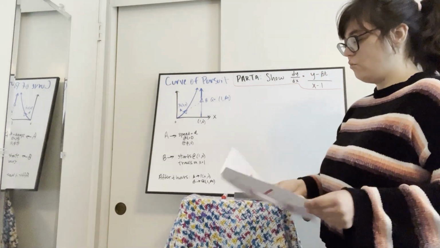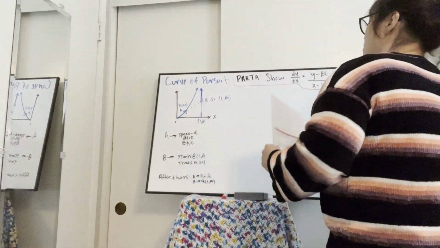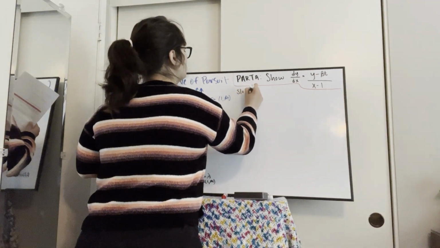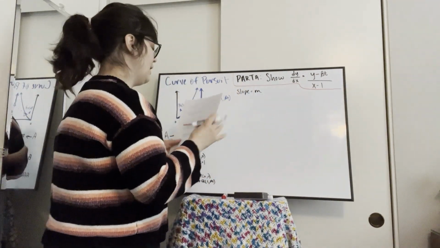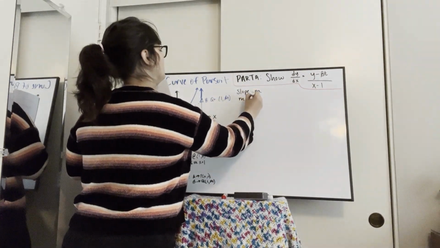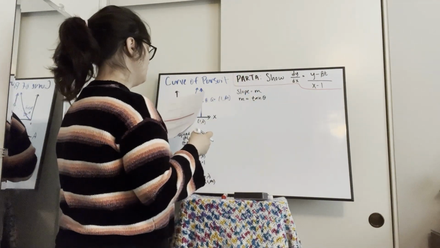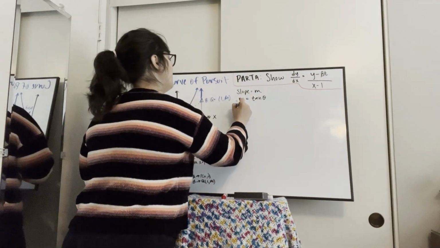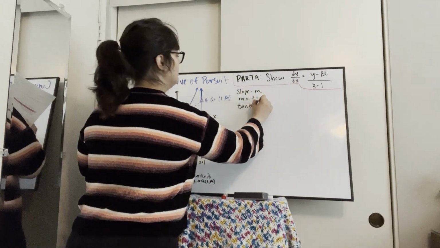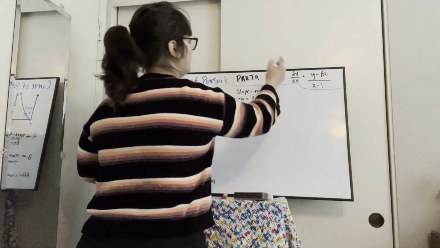We know that slope is equal to m, and slope is just another way of saying tangent theta. And we know that tangent theta is going to be equal to dy/dx. All right, so we have the left side figured out.